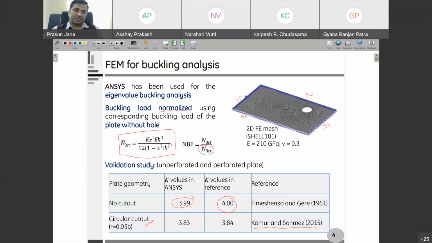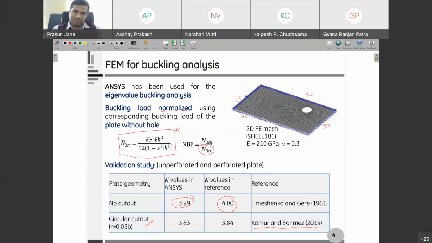Similar to that, for an unperforated plate, you have certain formulas. So we are using that load to normalize the buckling load we get for the actual case.